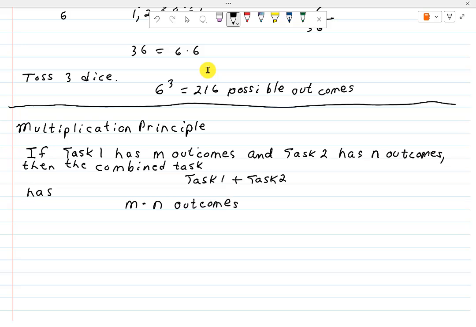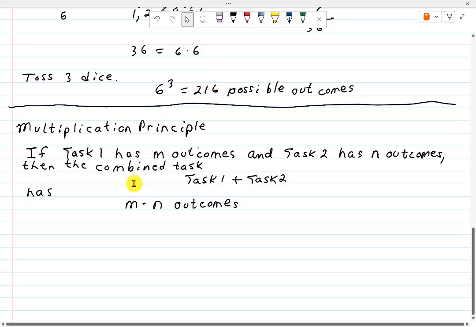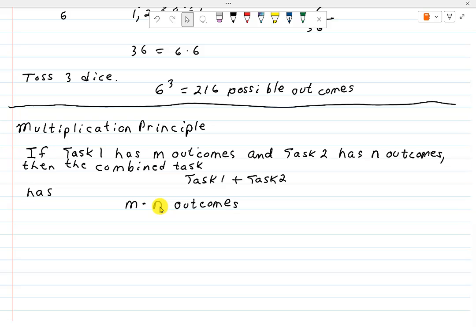So in the case of the die, if we were tossing 2 dice, there were 6 outcomes for the first die, and there were 6 outcomes for the second die, so you multiply them together. You get 6 times 6, which is the same as 6 squared.